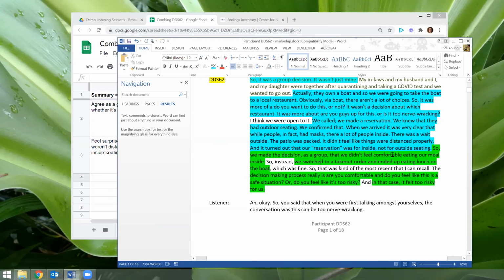So we made the decision as a group that we didn't feel comfortable eating our meal inside. So instead we switched to takeout and eating lunch on the boat. On the decision process, there's a bunch of stuff in here that I don't need. There's two ways to go about grabbing it.